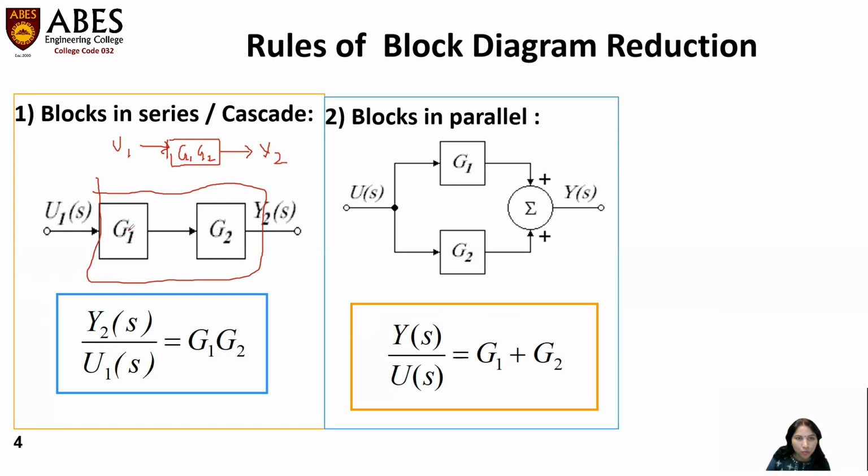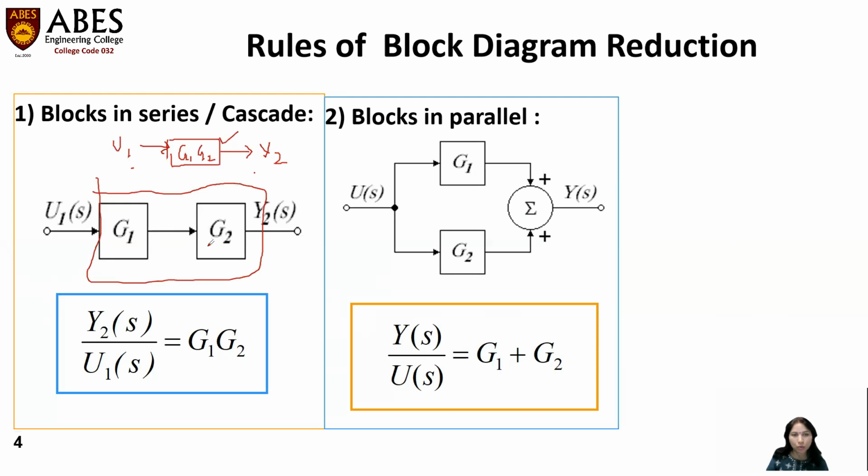So these two blocks I have reduced into a single block having a gain G1 G2. If I want to write down the transfer function of this block, we will write Y2(s) upon U1(s) is equal to G1 G2. Like this, if two blocks are connected in cascade, we have to multiply the gains of these two blocks.